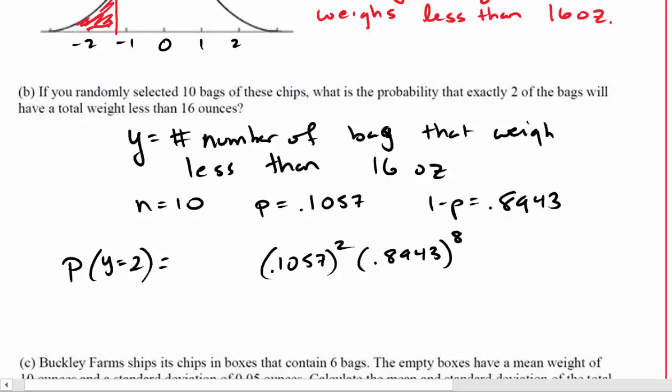Now the one thing that I'm missing currently is that I am assuming that I have an order. I can have any 2 bags weighing less than 16 ounces. So what I need to do is set up a combination of 10 choose 2 to complete a binomial distribution. This is going to go into the calculator, and let's see what we get.